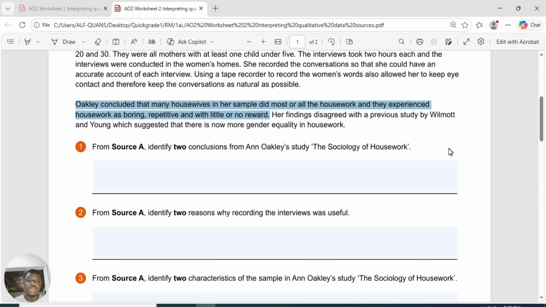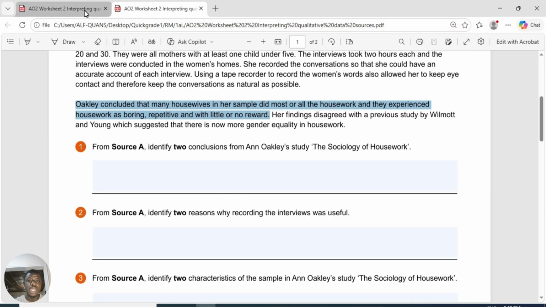So what are the conclusions here? From the third paragraph, Oakley concluded that many housewives in her sample did most or all the housework, and they experienced housework as boring, repetitive, and with little or no rewards. So this is where we can get our answers from.